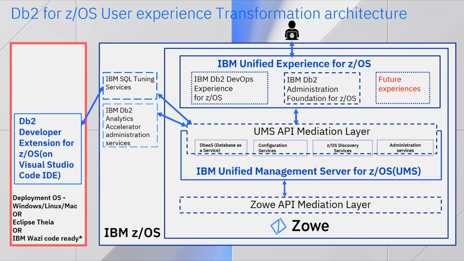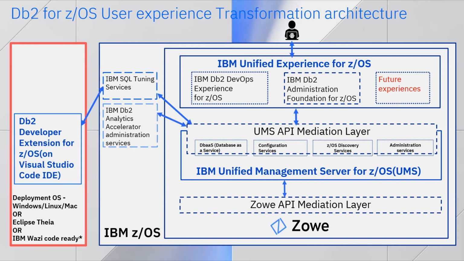On top of this API mediation layer in UMS, you see the unified experience for z/OS, which is essentially all the user interface activities, the screens, the user experience, right? That's built on top and communicates with the UMS backend. The idea behind this is that we are walking towards this path of one UI, truly, to keep up our promise.